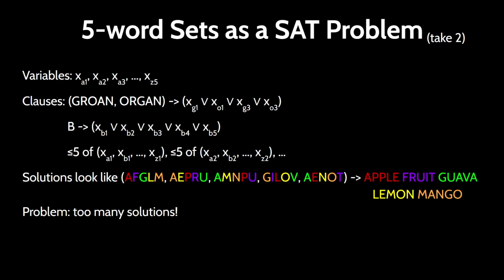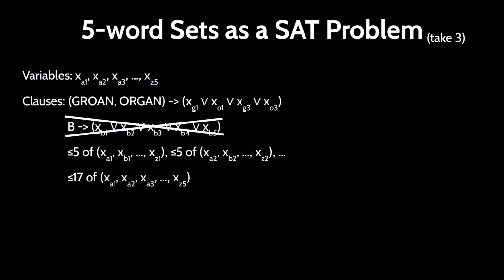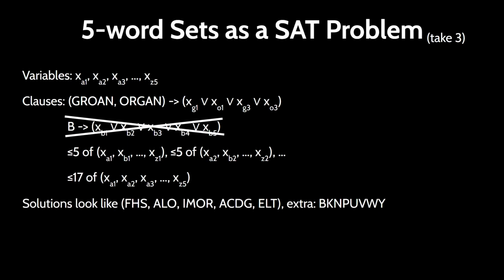To find the perfect 5-word set we need to make a couple modifications. Our problem is the same as last time, except we remove the requirement to include each useful letter, and in addition to requiring at most 5 letters in each position we require at most 17 total letters. The 17 letters placed cover all of the difficult pairs, and the remaining letters needed can be placed anywhere.